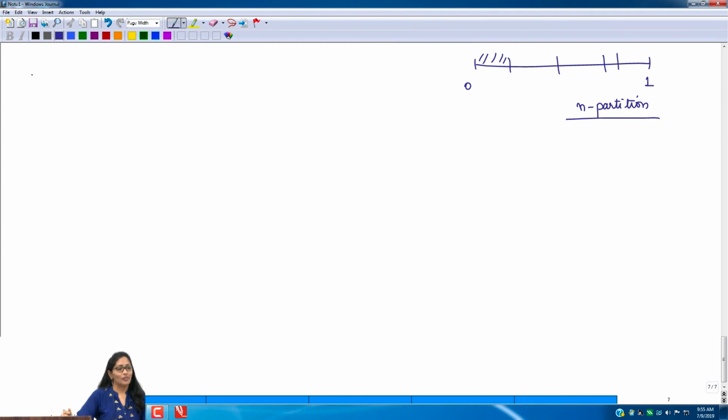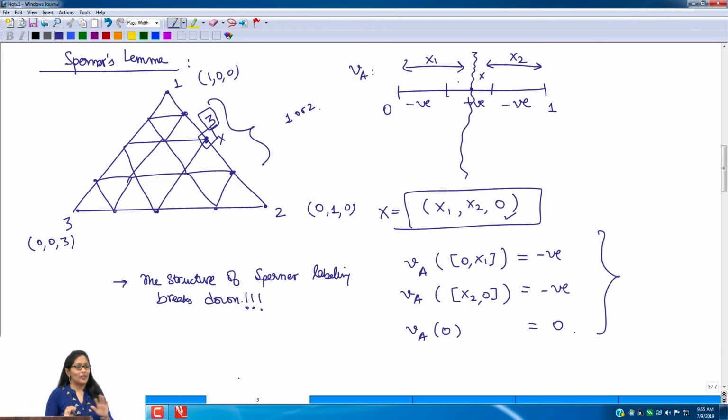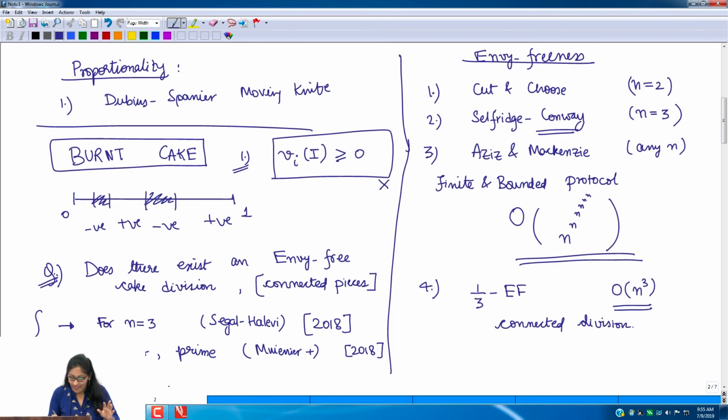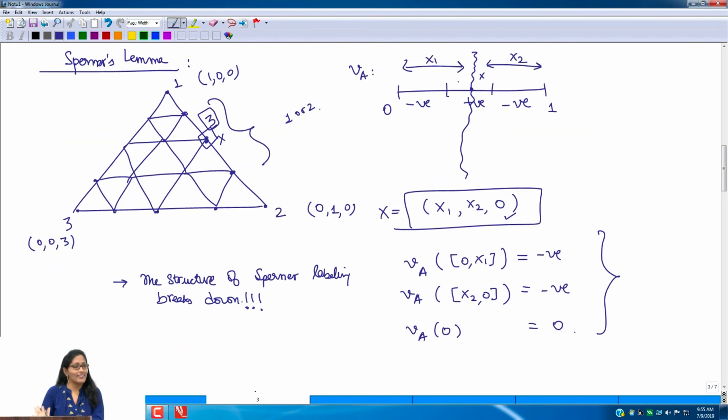Oh, no, no. We are not in the burnt cake setting. It was just for the first 2 slides, I believe. So we have a good cake. We have all those 4 valuation assumptions: additivity, divisibility, non-negativity, and normalization. I'm sorry if I was not being clear. We are out of the burnt cake. We have a good cake.